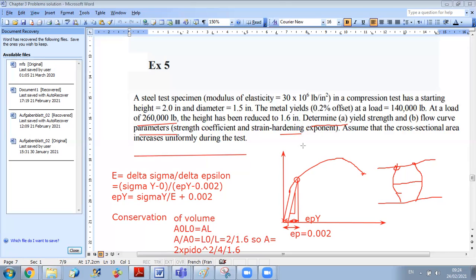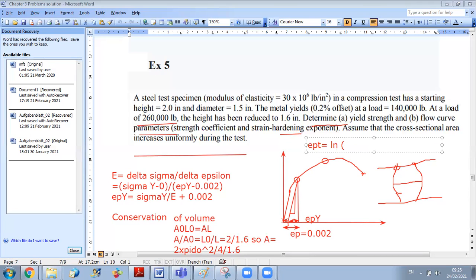To find the true strain, I apply the formula: epsilon true is equal to ln of the length ratio. In compression you will have a negative result because the length is decreasing, so you can just put a minus and you get the value of epsilon.